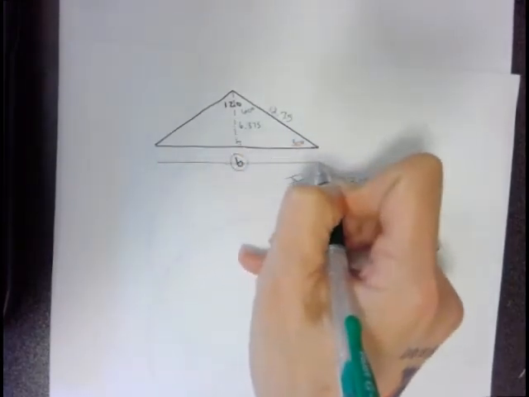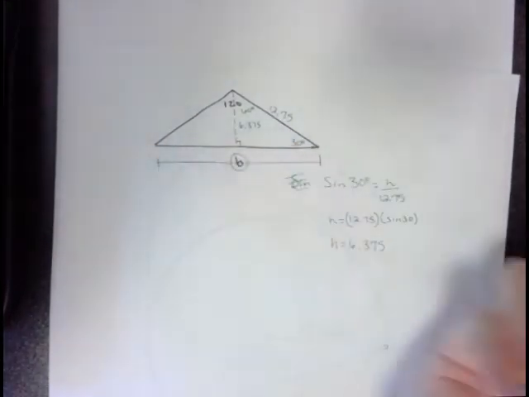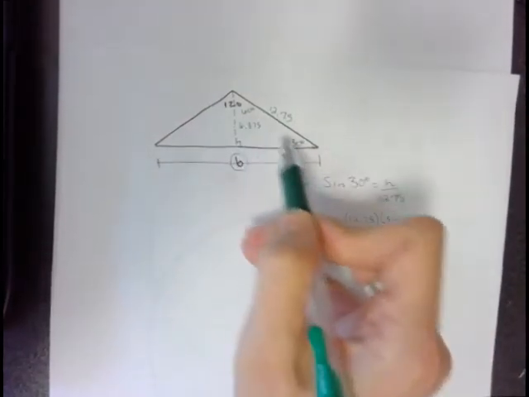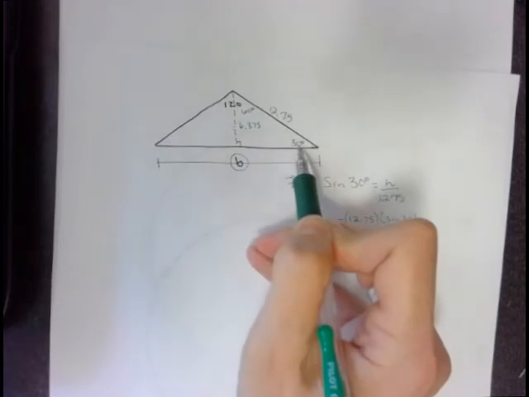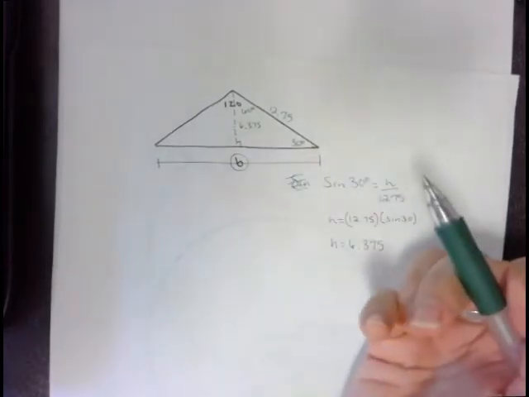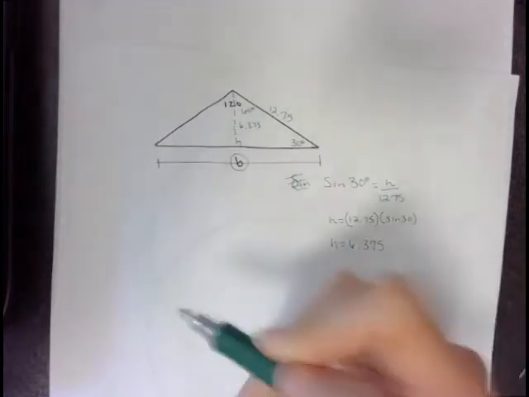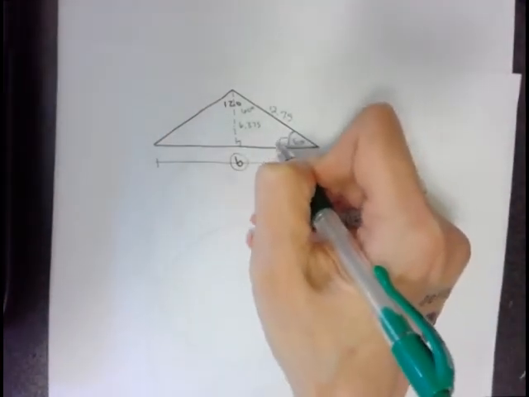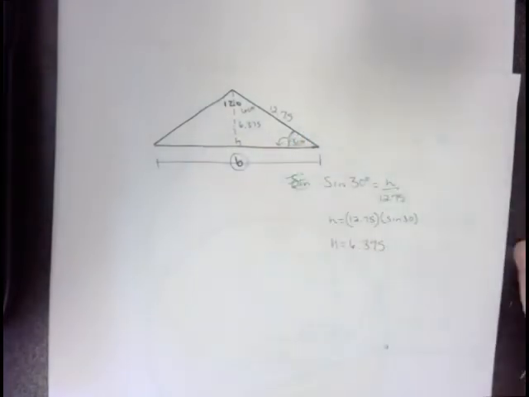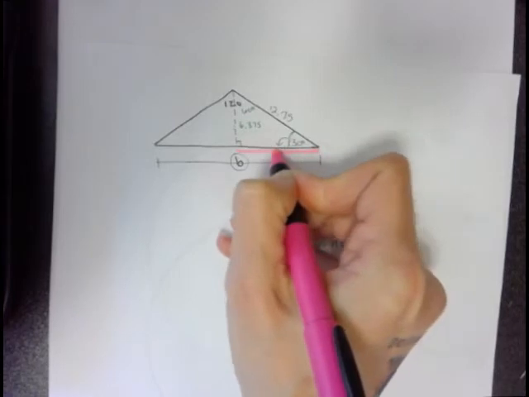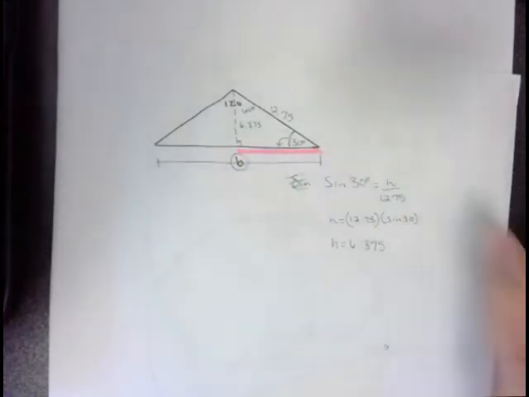Now, how do I find the base? Well, for the base, I can use sine of 60 degrees, or I could use cosine of 30 degrees. It's entirely up to you how you want to do that. Let's just practice cosine, because here's my 30-degree angle. I'm looking for this little section right here, and I'm going to highlight this in pink, because I'm only looking for this section because we're dealing with that right triangle.